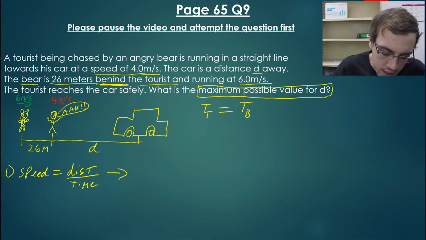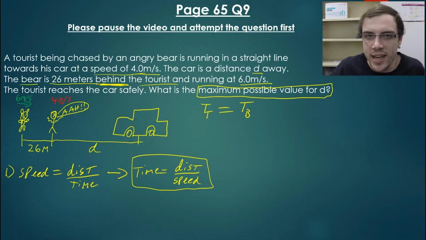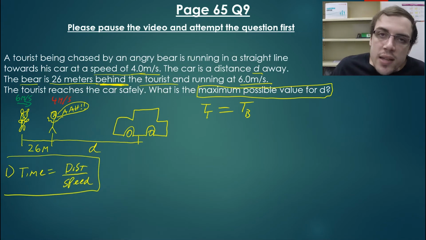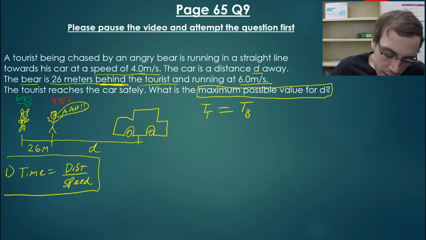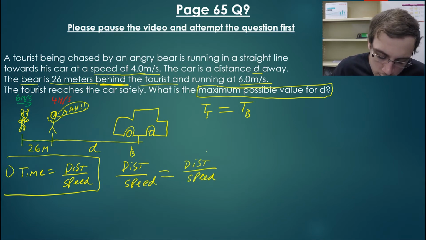Now if you rearrange this, that will give us the main formula that we want, as we're going to use it to substitute these equations together. Because the time for the bear and the time for the tourist are going to be the same, we can set the distance over speed for the bear equal to that for the tourist.